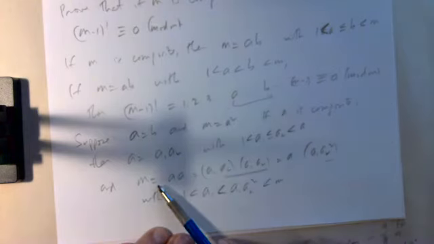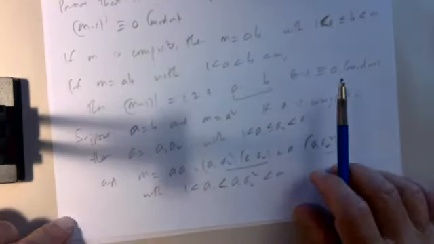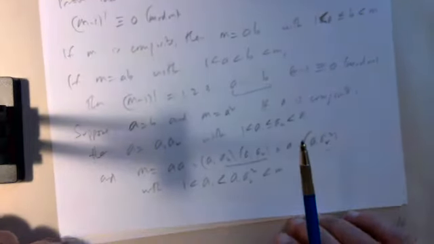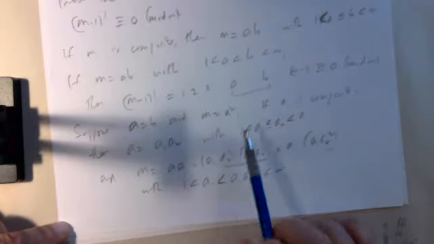We have a factorization of M. It's a product of two distinct proper factors, and so M minus 1 factorial is 0 mod M. So the only time this argument fails is when M is a square and it's the square of a prime. So let's look at that case.